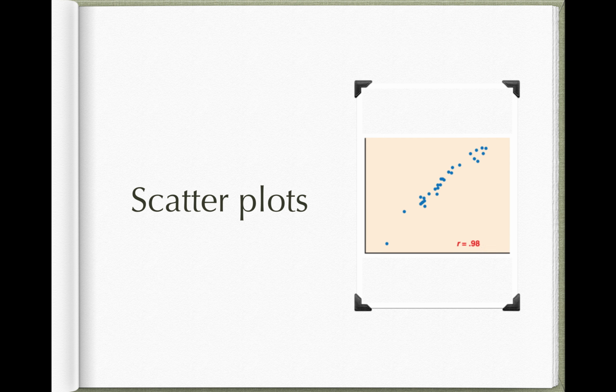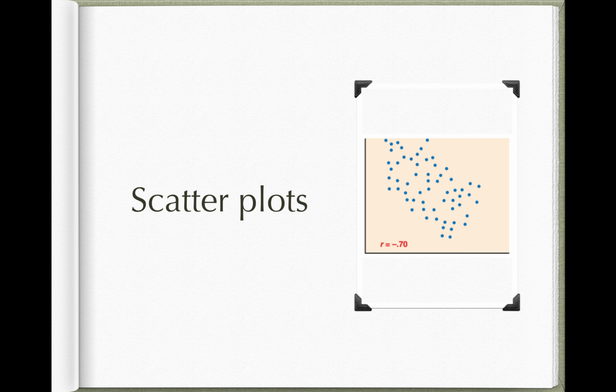Now we see a scatter plot with a strong positive correlation. And now another scatter plot, which is also considered a strong positive correlation. Not as strong as the last one, but it's also strong. You can see there's a clear direction between the two variables.